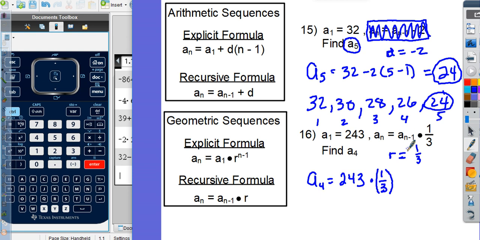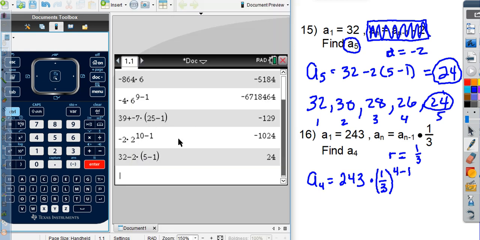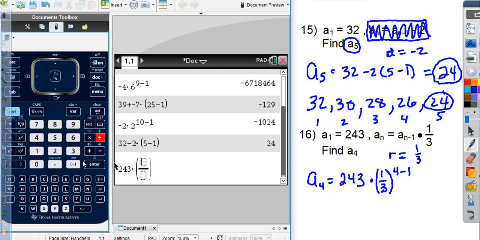And then we'll do n minus 1, and n is going to be 4, so 4 minus 1. 4 minus 1 is 3, which you can do, by the way, but I like making it look exactly like that. So we go to our calculator and type in 243 times, and like I said, I'll put my fraction in parentheses to make sure the calculator handles it well.